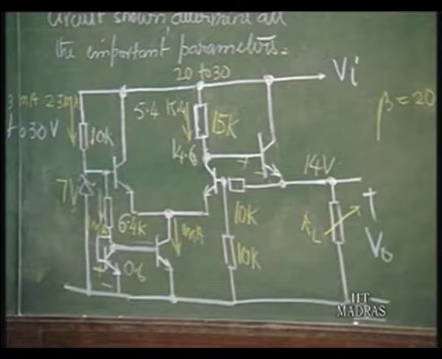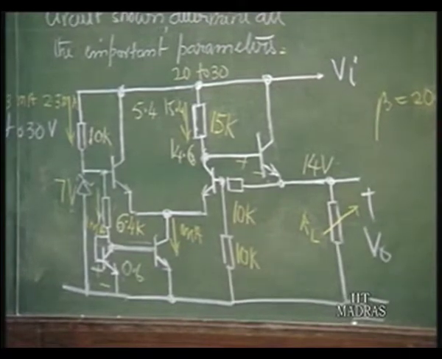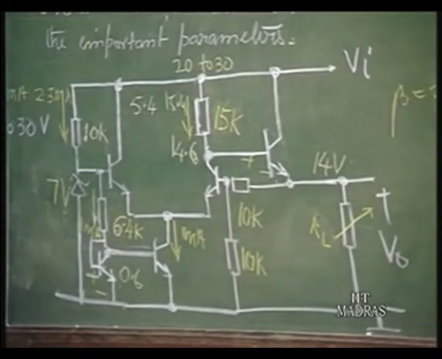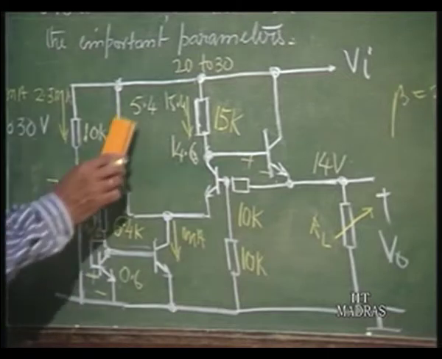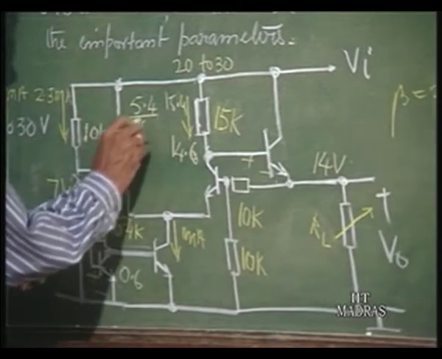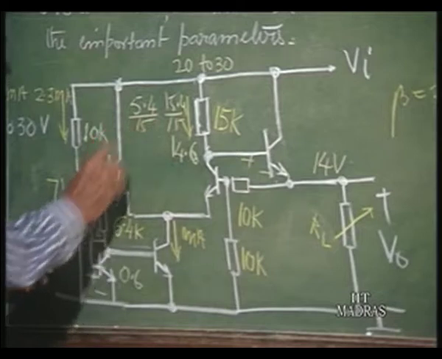So, the current is correspondingly going to change from 5.4 by 15 to 15.4 by 15. What is the value? Current is going to change, that is most important for us, 5.4 by 15 to 15.4 by 15 milliamperes.